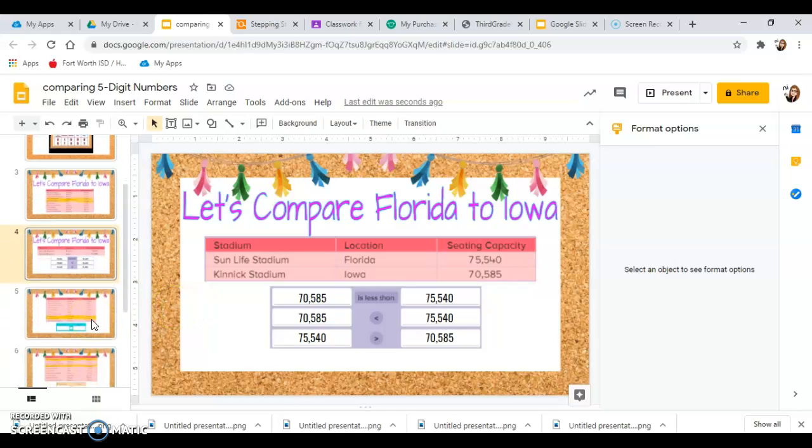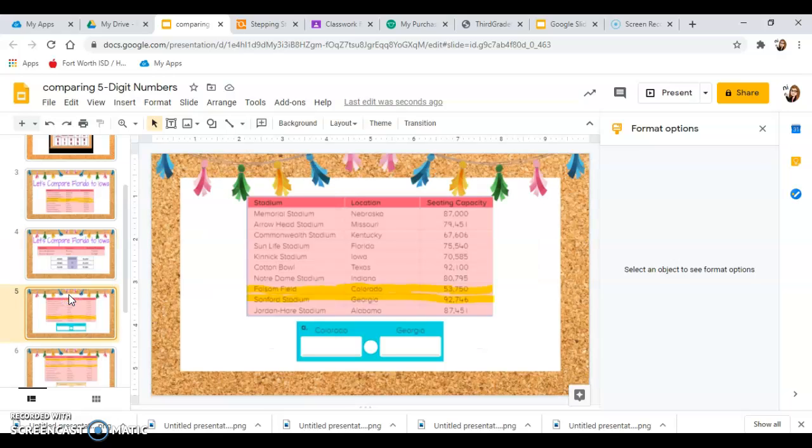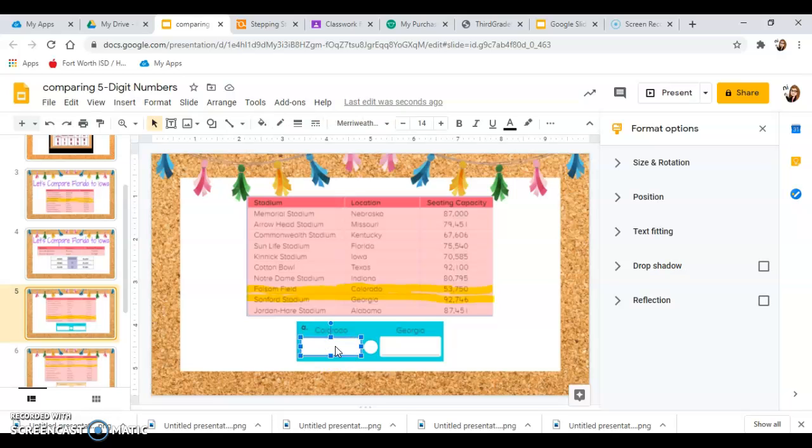So for the rest of the slides, you are going to complete your number sentences. You have numbers that are highlighted. So here you see Colorado and Georgia are highlighted. You're going to write a number sentence so that it's true. So I might write the first number, 53,750. I'm looking at this number right here. And then the other number, 92,746.